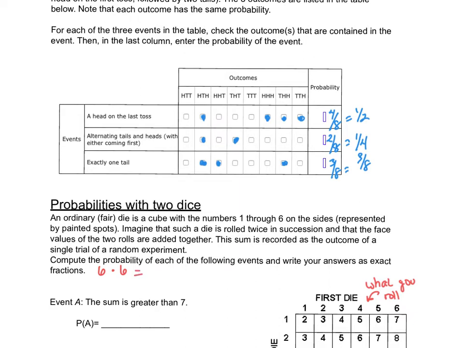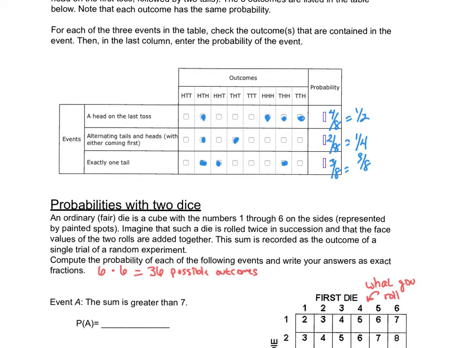So if you roll 2 of them and you add them together, there are 36 possible outcomes. And that's on that little dice chart. There are 36.